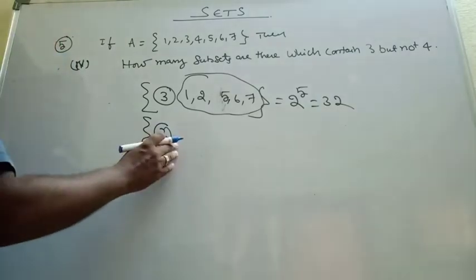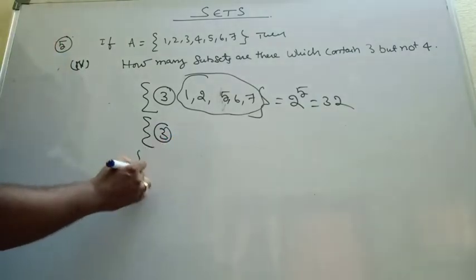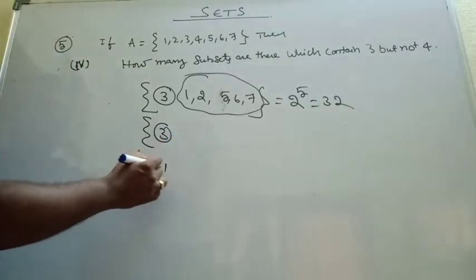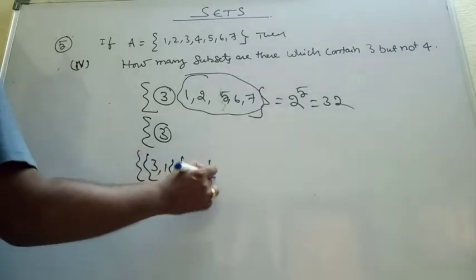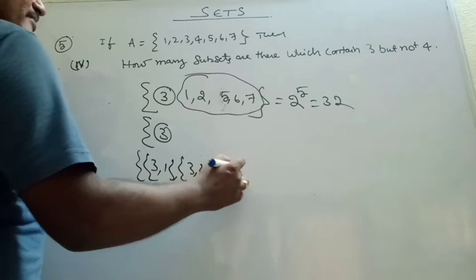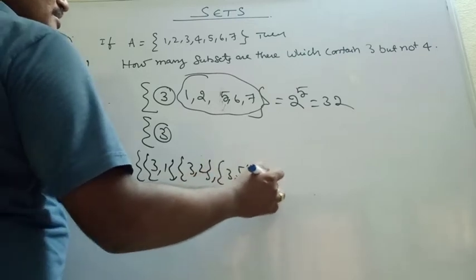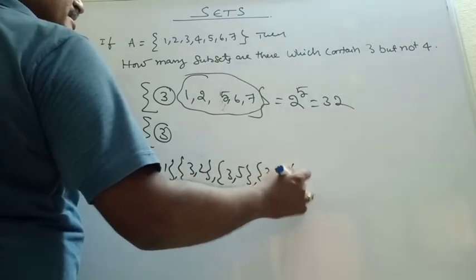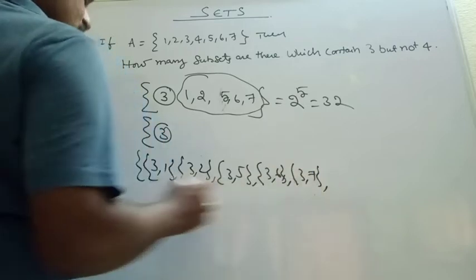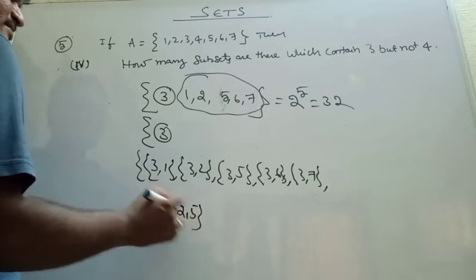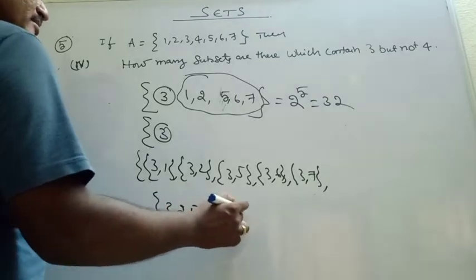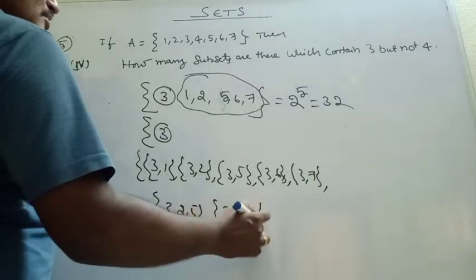I will show you some of them. Since 3 is fixed: 3 comma 1, 3 comma 2, 3 comma 5, 3 comma 6, 3 comma 7, 3 comma 2 comma 5, 3, 2, 6, so on like this.